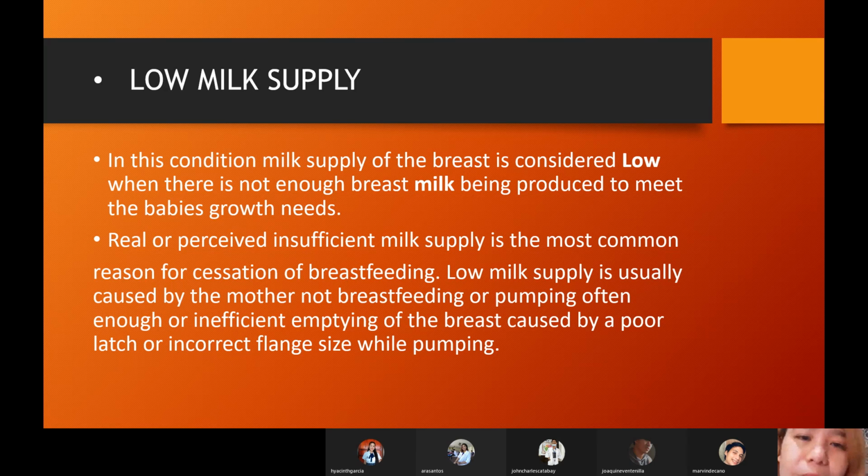So, real or perceived insufficient milk supply is the most common reason for cessation of breastfeeding. Low milk supply is usually caused by the mother not breastfeeding or pumping often. So when the mother does not breastfeed frequently, it may cause low milk supply.